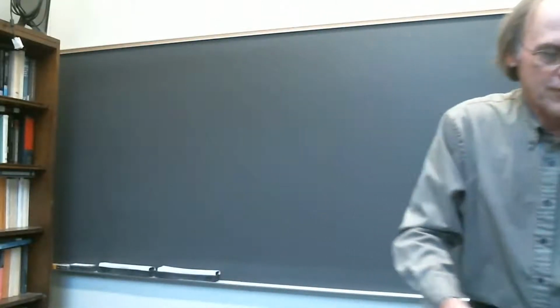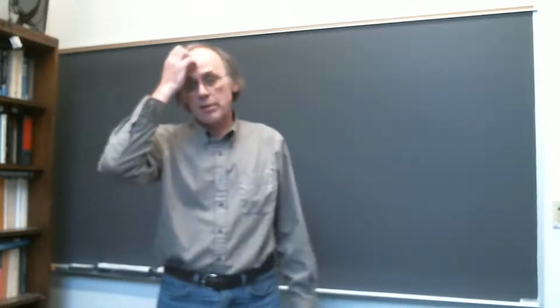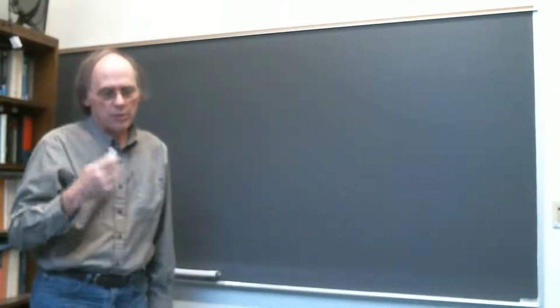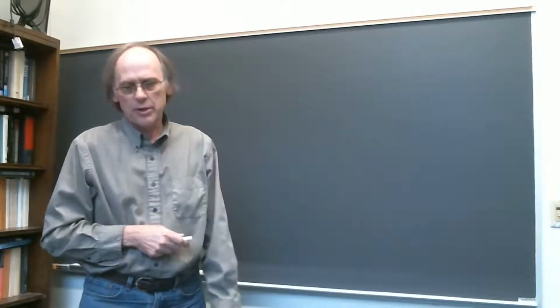Okay. So where were we? Let me explain what we were doing last time and try to explain how this fits into the general context of what I've been trying to do since the beginning.